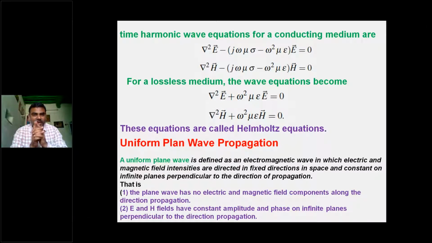Similarly, in the conducting media harmonic wave equation, the term in the bracket, jωμσ minus ω²με, we can replace by the propagation constant γ². So we get the equation ∇²E plus γ²E equal to 0 for the conducting media. Similarly, for the free space media, ∇²E plus β²E is equal to 0.